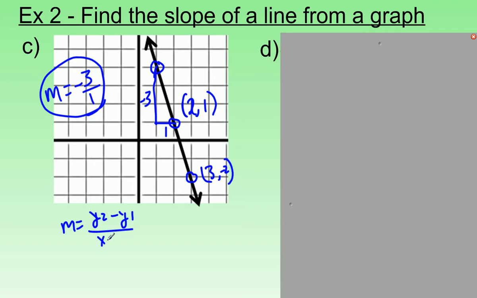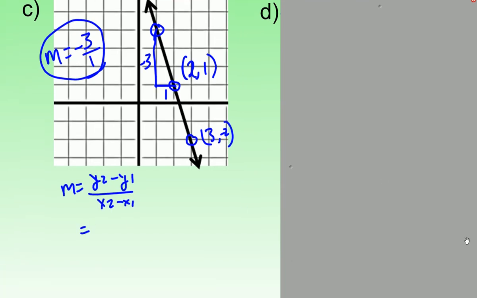Write down the slope formula. x1, y1, x2, y2, negative 2 minus 1 over 3 minus 2 gives me negative 3 up top, 1 down below.